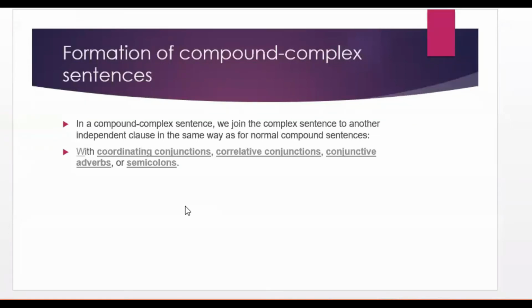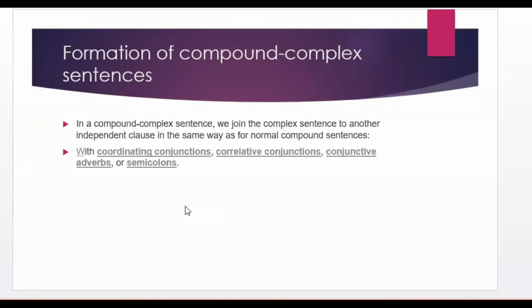So, a compound complex sentence is joined or put together using one of the following: a coordinating conjunction, a correlative conjunction, a conjunctive adverb, or semicolons. Don't worry about them. I will go through an example that uses each of those to join the sentence.